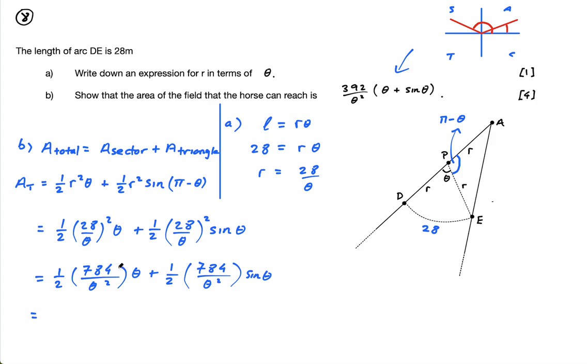So this is 392 over theta squared, and this is 392 over theta squared. I'm taking out as a common factor 392 over theta squared. What's left here? A theta, and what's left here? A sine of theta. I'm going to write QED, just to say that I have shown what they wanted me to show. That's part A and B.